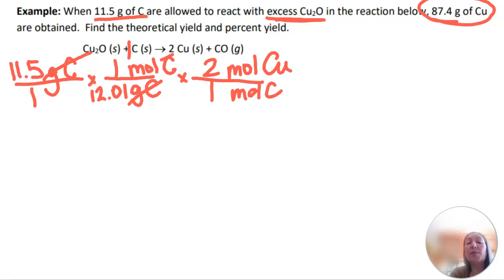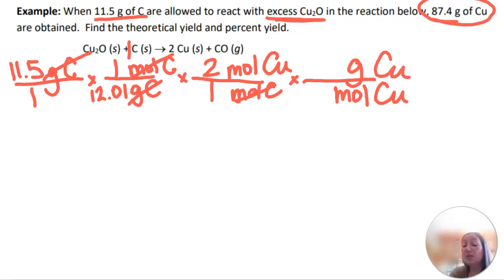So we did molar mass, coefficients. Lastly, we're going to have to do a molar mass calculation where we get moles of copper into grams of copper. So we're going to check our table. Ours says the molar mass of copper is 63.55 grams in every 1 mole. So we'll cross out moles of copper and we'll be left with grams of copper.